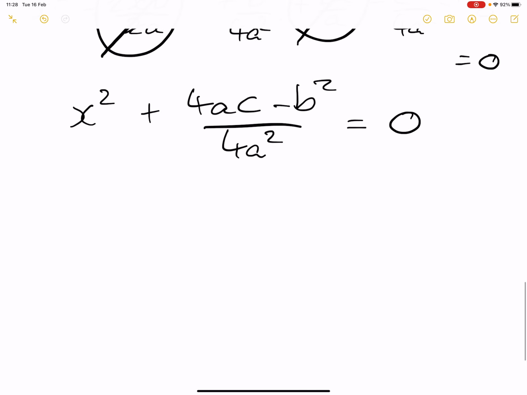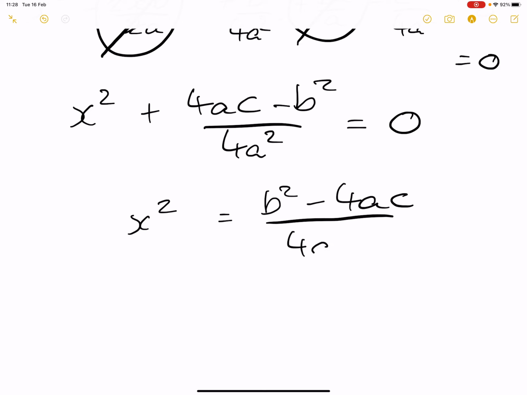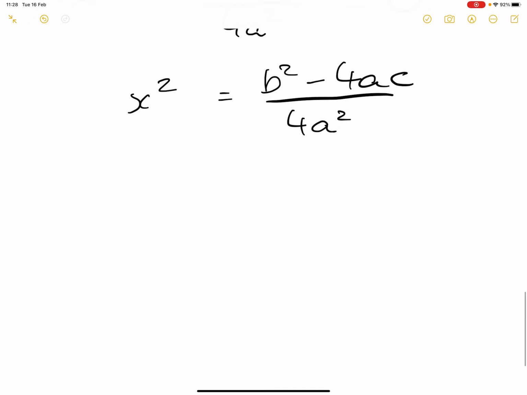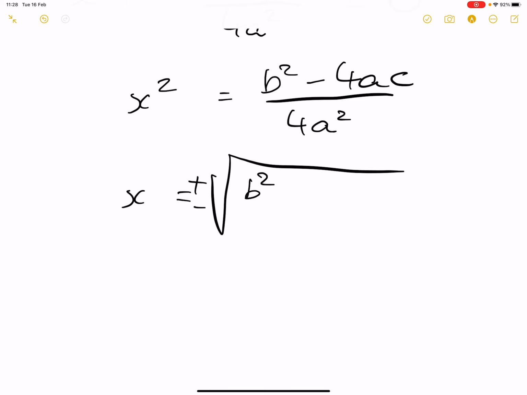Now to solve, we just go into our autopilot and we get b squared minus 4ac over 4a squared. This is looking promising. And then we square root, we have x equals plus or minus the square root of b squared minus 4ac over 4a squared.